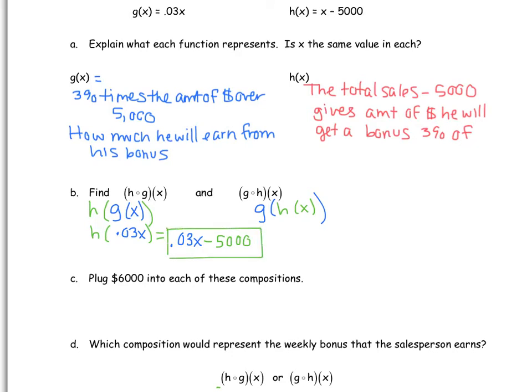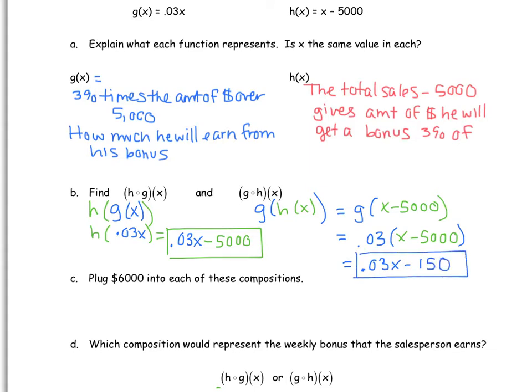When we flip it around, now we're looking at g of h of x, which was x minus 5,000. So when we plug in this one, we're going to get 0.03 times x minus 5,000. If we simplify this one a little bit, we get 0.03x minus 150.